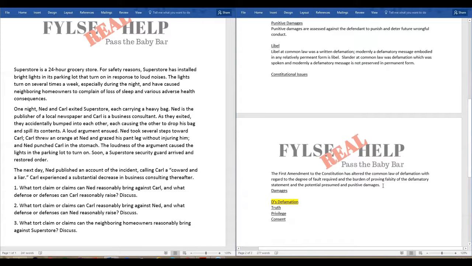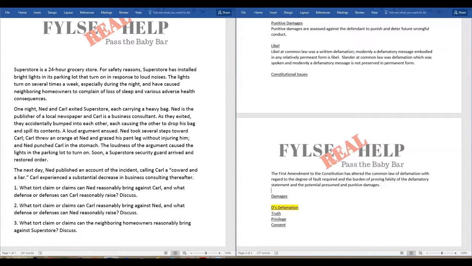So, the degree of fault definitely changes in these constitutional issues, because at common law, defamation is a strict liability offense, right? They only needed to establish that the statement was made, and then they would recover. They didn't need to show any mental state, right? But we all know that now, based on whether we find the plaintiff is a public official or a public figure, and whether this is a matter of public concern, that changes, right?